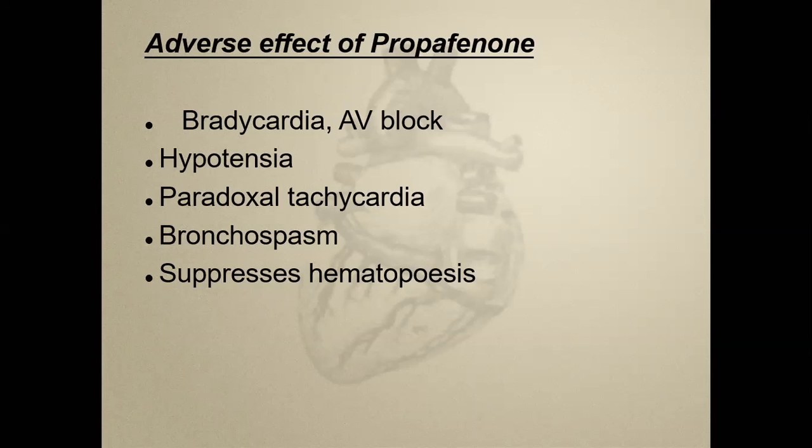Propafenone has beta-adrenergic blocking effect, and as a result there will be bronchospasm. And propafenone suppresses hematopoiesis. As a result there will be anemia, leukocytopenia, thrombocytopenia.